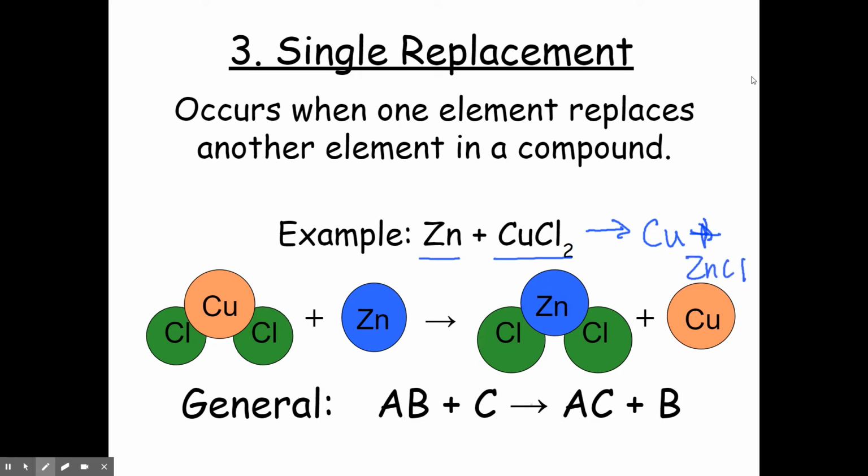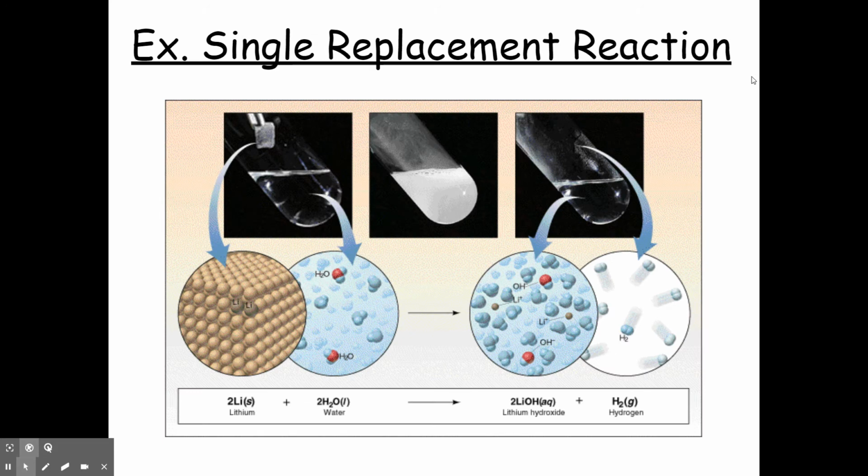That is what the general equation is. Compound plus element yields compound plus element. Example of a single replacement, we have lithium plus water yields lithium hydroxide and hydrogen.